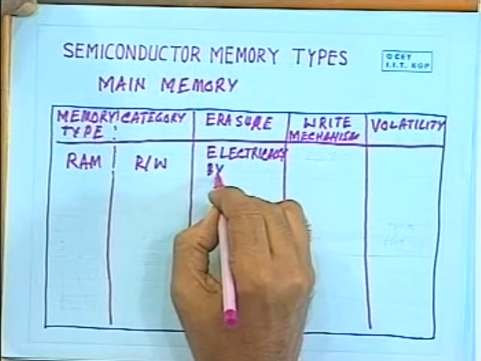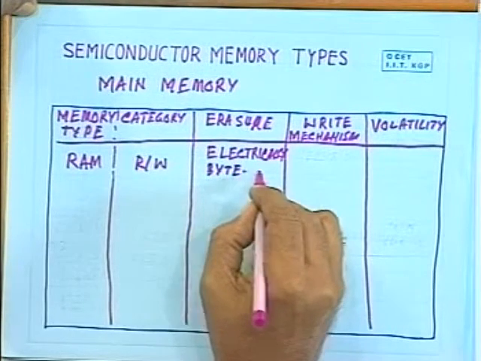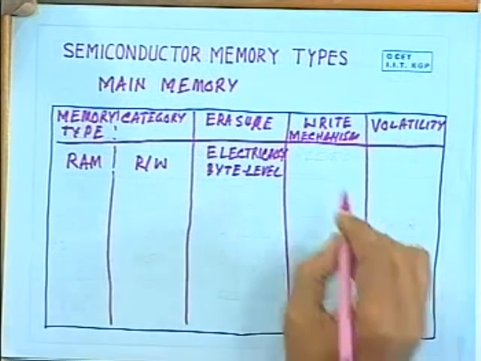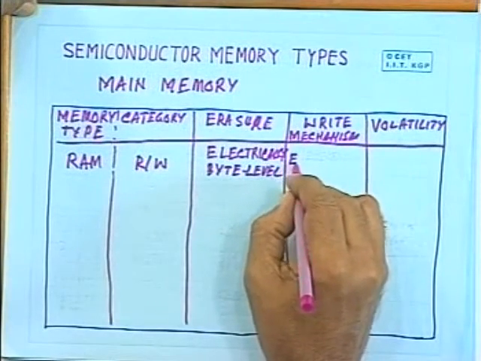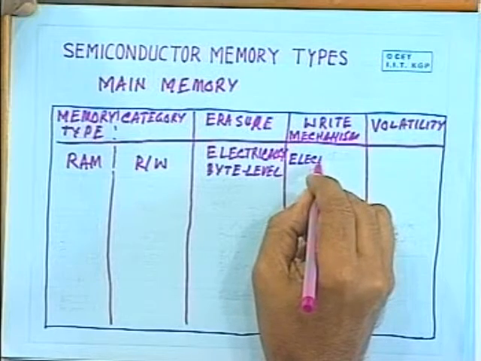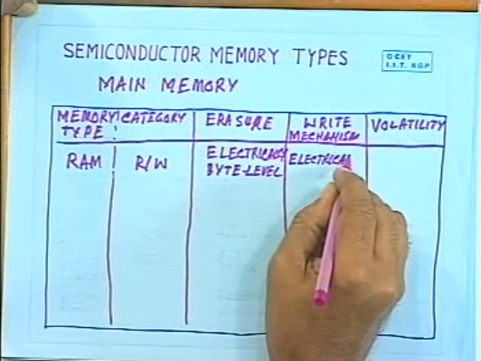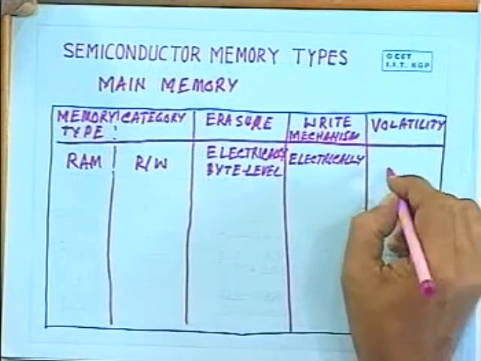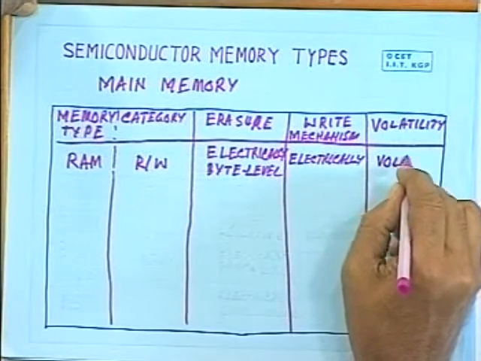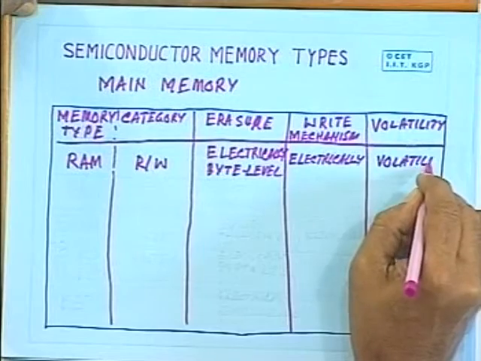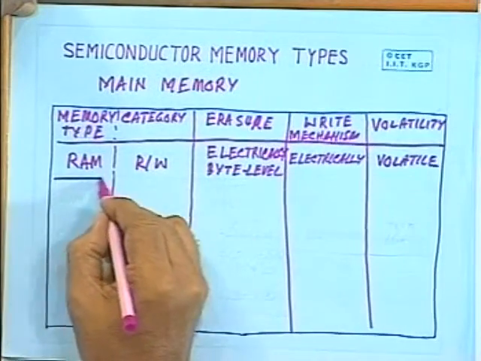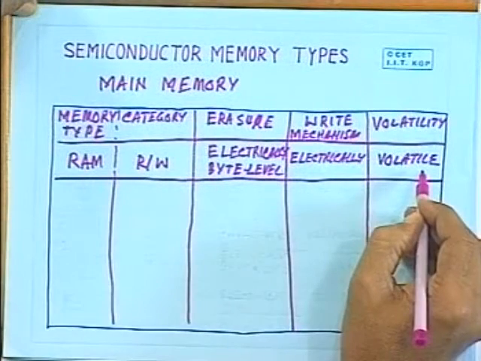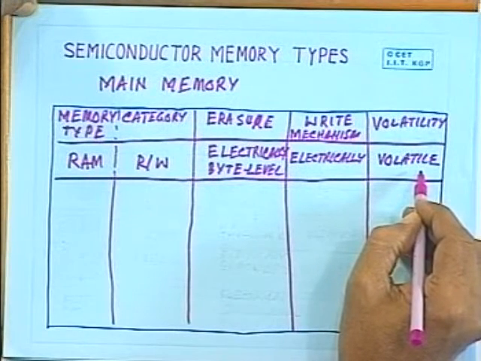That means modification can be done at byte level. And the write mechanism is also electrical. And the RAM is volatile in nature. And this is the most important memory which is present in microprocessor based systems.